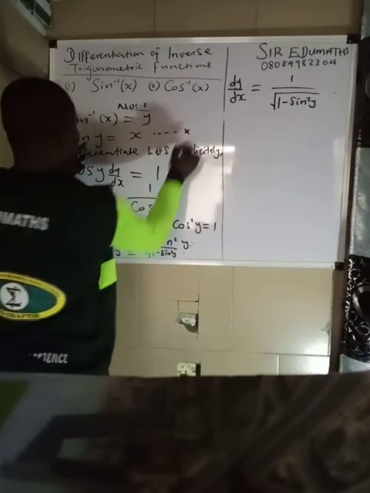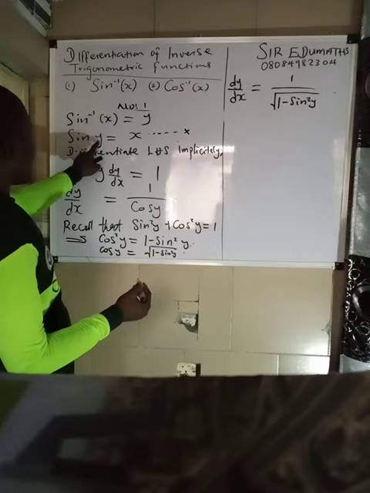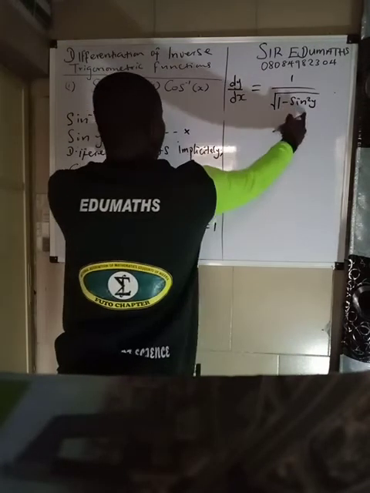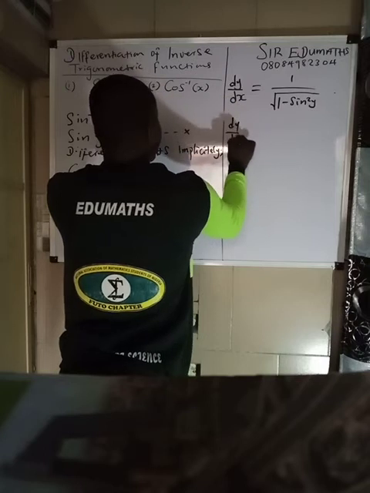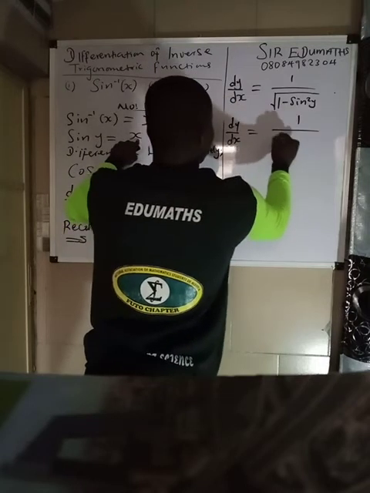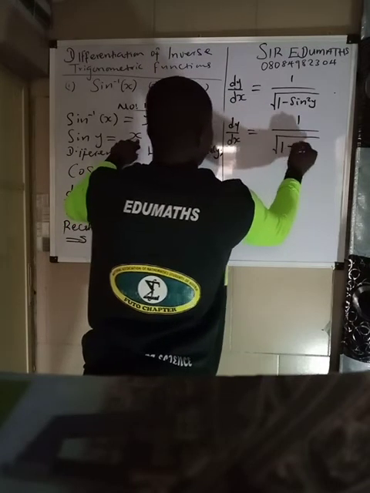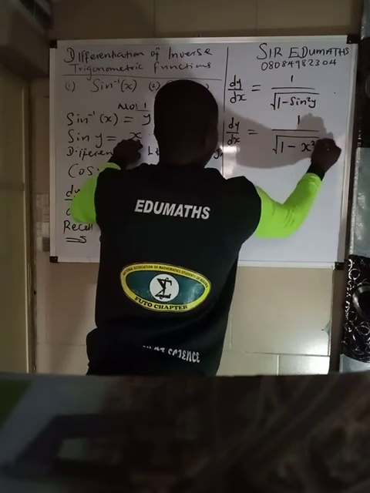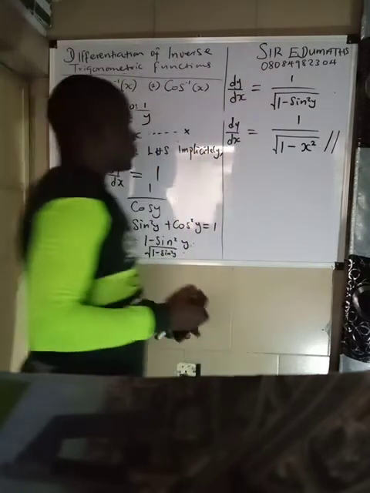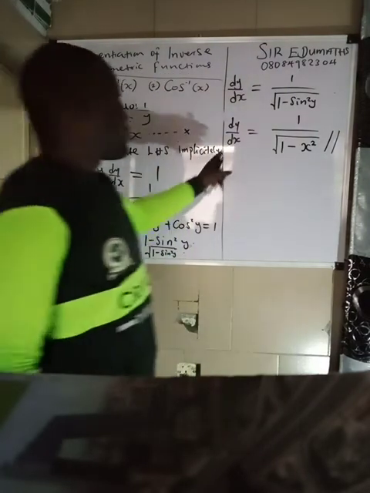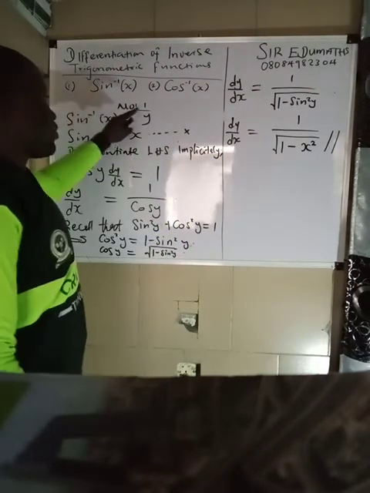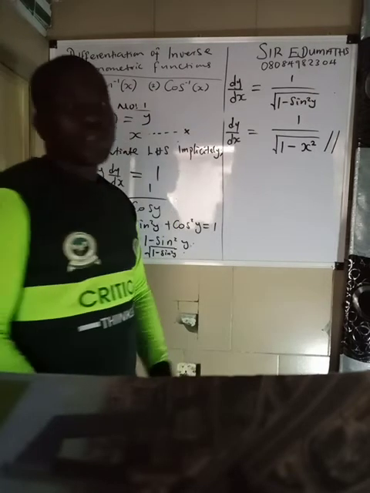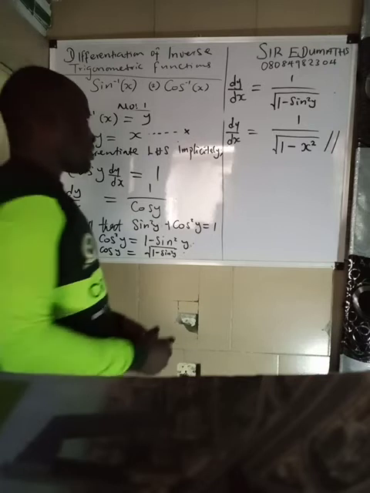I have that sine y is equal to x, and here is sine square y. So I will now write that dy dx equals 1 all over the square root of 1 minus, sine y is equal to x and it is squared here, so it will be x squared. This becomes the derivative for sine inverse of x. So let's look at cos inverse of x. They are just the same thing.